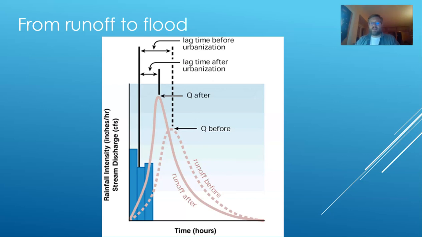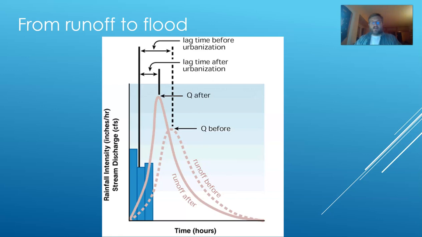One of the things that we often see is that urbanization, so building roads and parking lots and buildings and all these other human structures, tends to result in bigger and faster flooding downstream, so down the watershed from where this urbanization occurs.